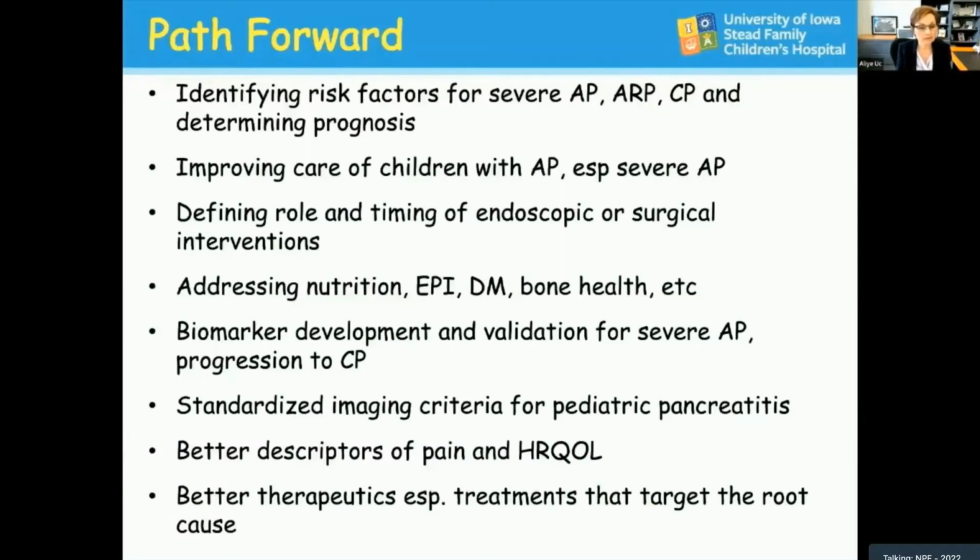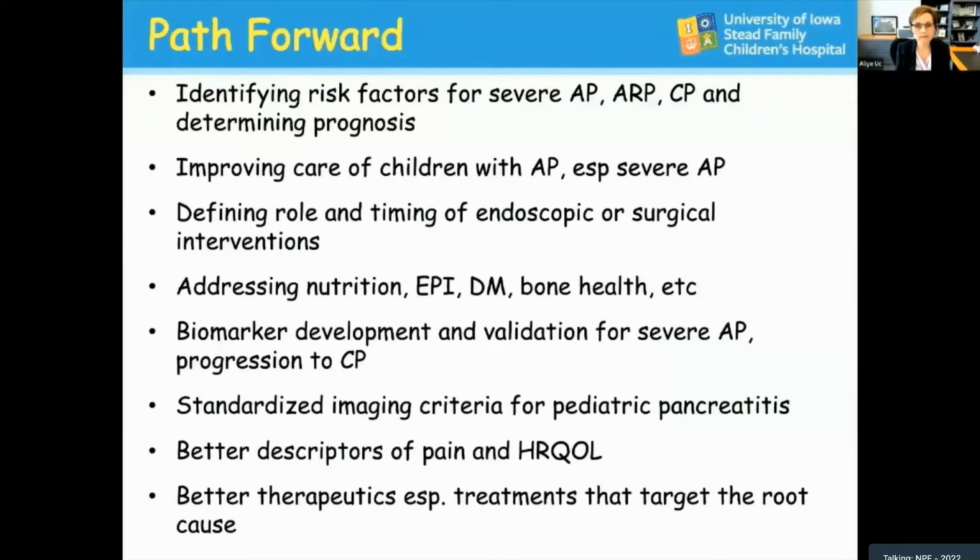And can we define the role and the timing of endoscopic or surgical interventions is something else we can focus on. I think nutrition is important, and defining exocrine pancreatic insufficiency, diabetes, and bone health. Biomarker development and validation, especially for severe acute pancreatitis and progression to chronic pancreatitis, and how we can intervene.